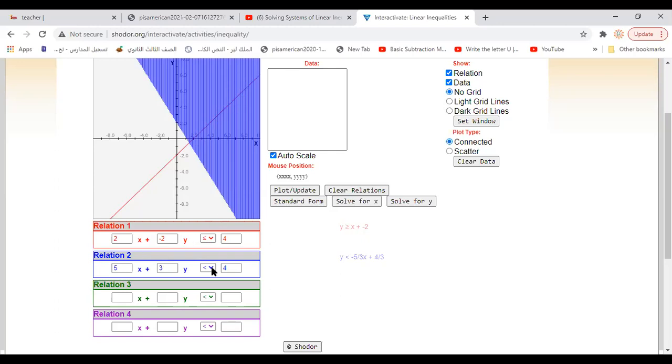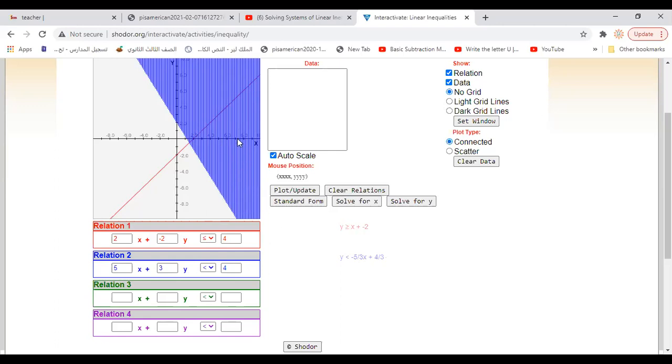For the second inequality, once you solve for y, it will be y less than negative 5 over 3 x plus 4 over 3, and we will shade under the line. So where can we find the common region?